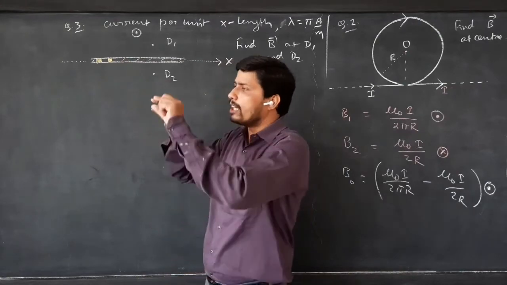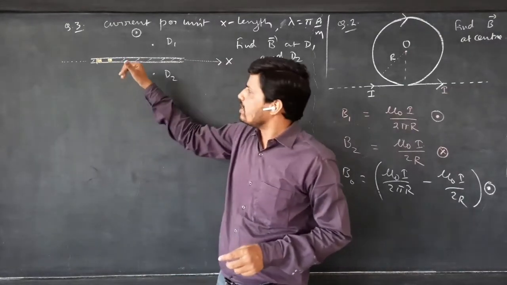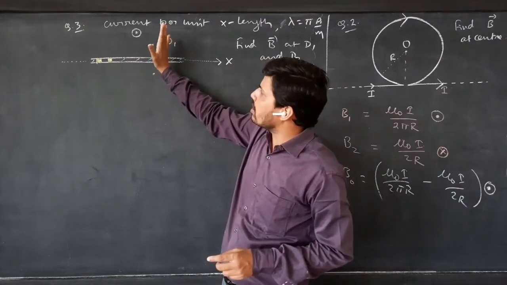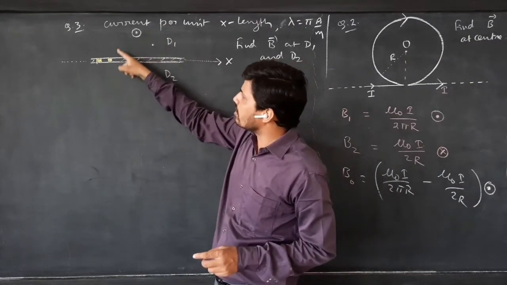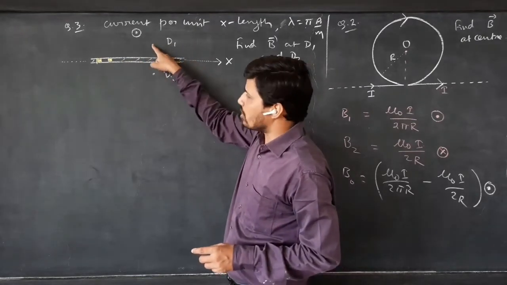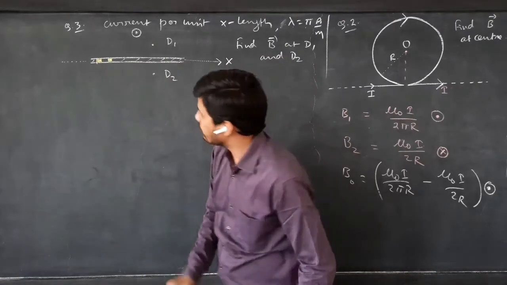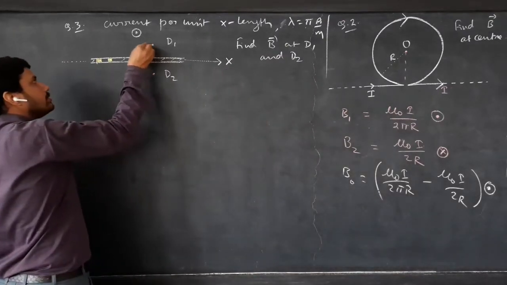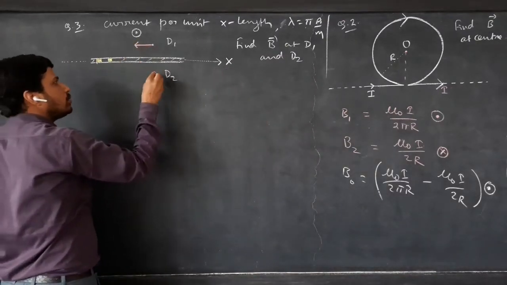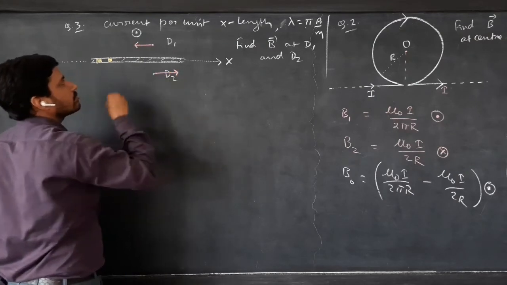Each strip will be straight. Current is out of the board, so we will curl our fingers like this. We will get circles like this. This will be the direction of magnetic field. So at this point, the direction of magnetic field will be in that direction here. And at this point, the direction of magnetic field will be opposite like this.